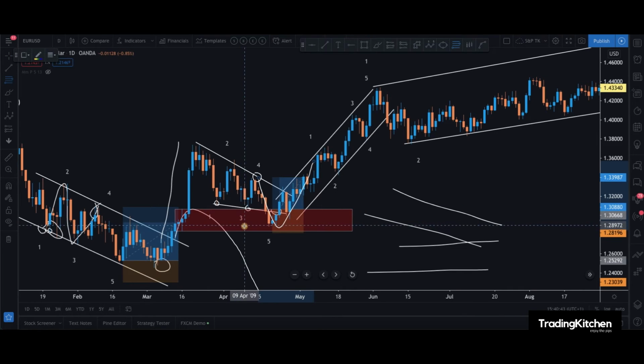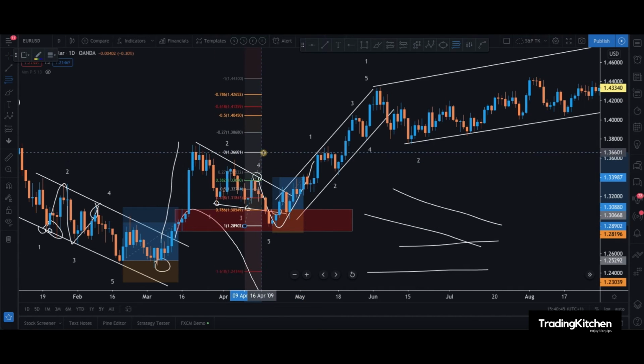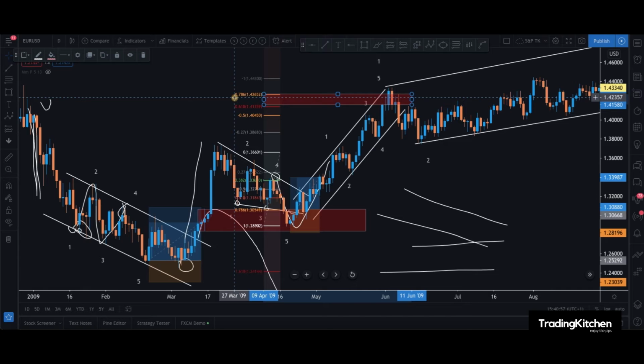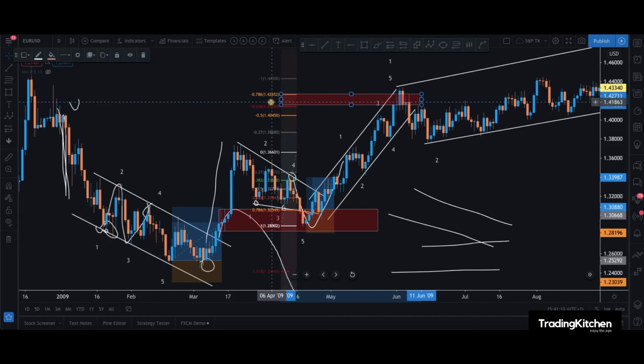Fibo from 0 to 1, as you can see, we'll be talking about Fibo, but from 61 to 78 of Fibo it will be a very good zone, a very good level from which to open your trade.